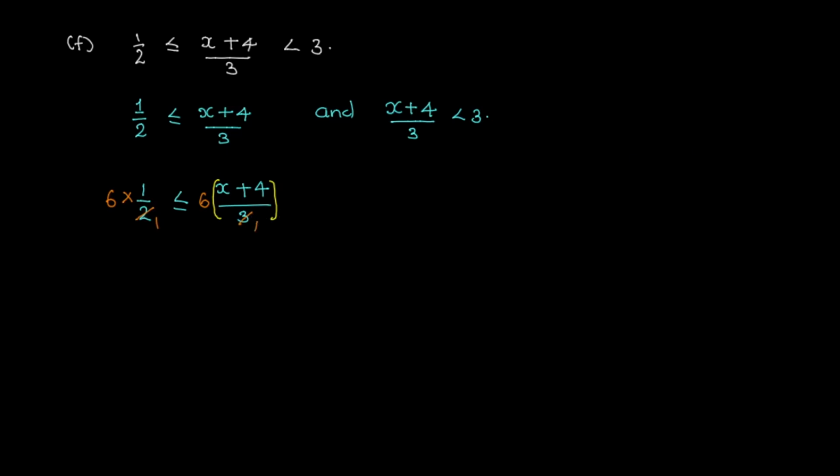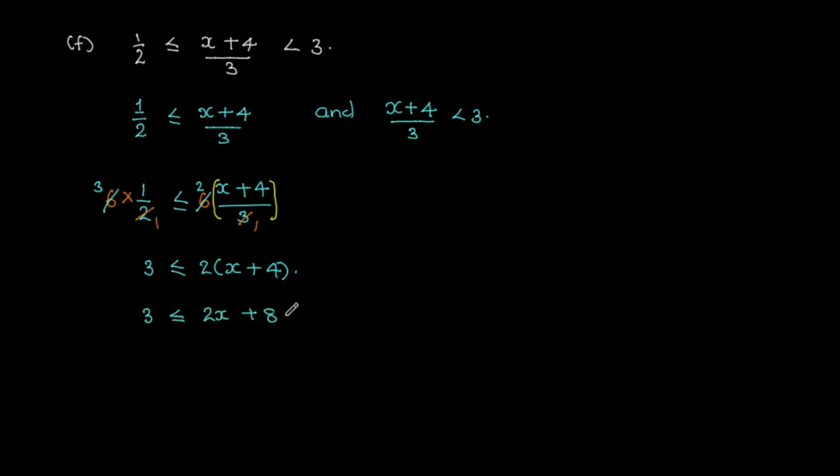Meanwhile, by 3 here we have 2, and by 2 we have 3. So recopying the remaining things, we have 3 is less than or equals to 2 into (x plus 4).